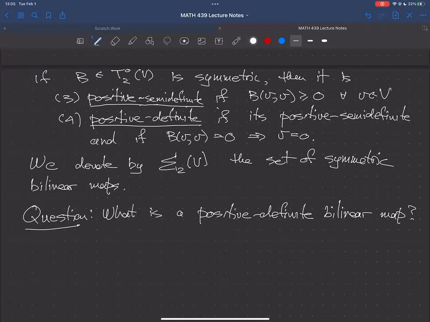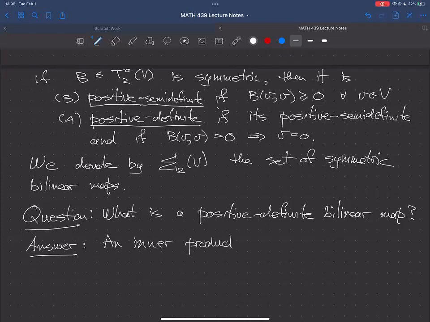And the standard inner product is, of course, a special example of an inner product. And so a positive definite bilinear map is simply an inner product. It's exactly an inner product. So it's just synonymous with inner product.